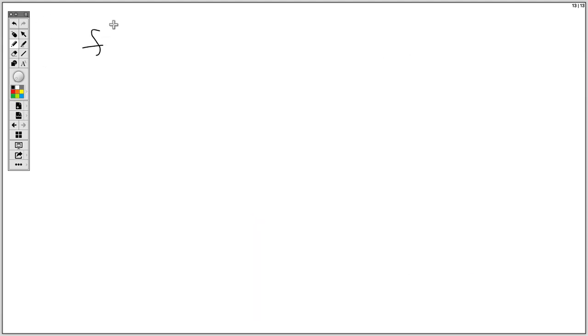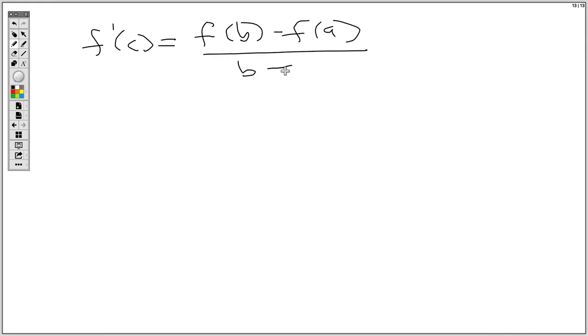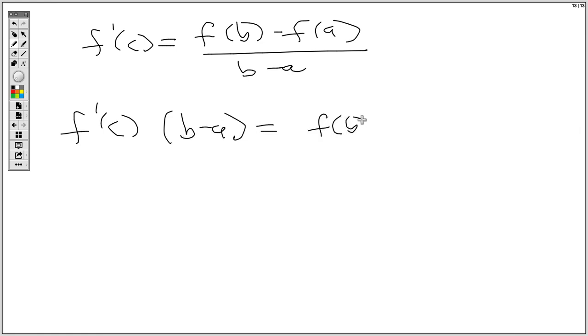When we looked at the mean value theorem, it wasn't that long ago, but it's been summer, so it seems like a long time ago. I said you can rearrange this a little bit. You can write this as f prime of c times b minus a equals f of b minus f of a. All right? And I said this is going to come in handy for us later on. Well, this is the first time it's going to come in handy.